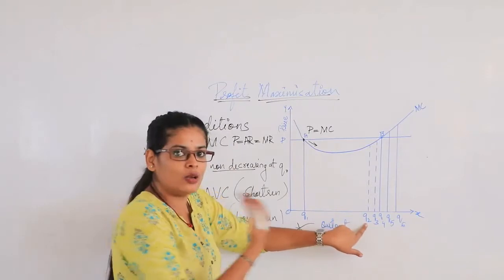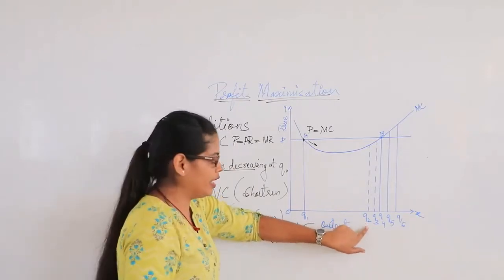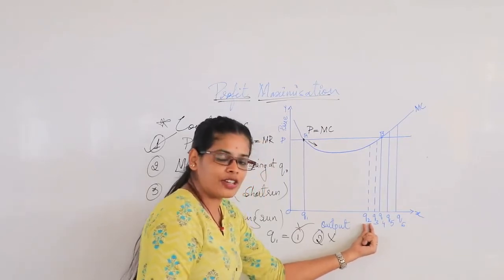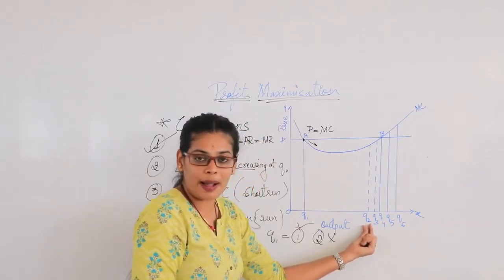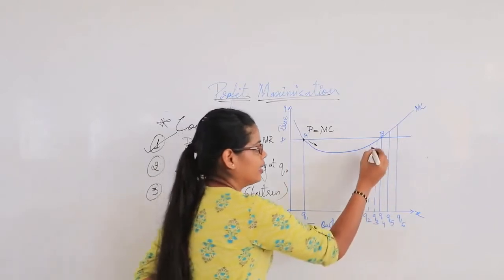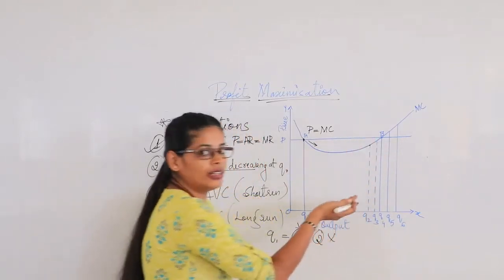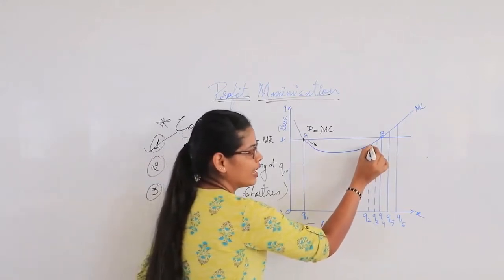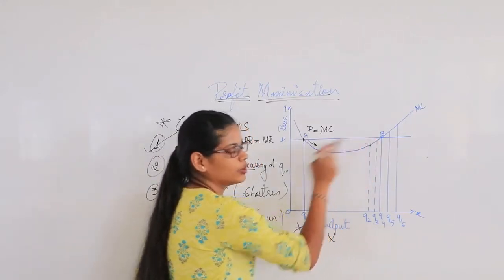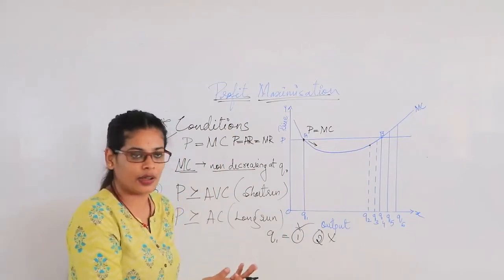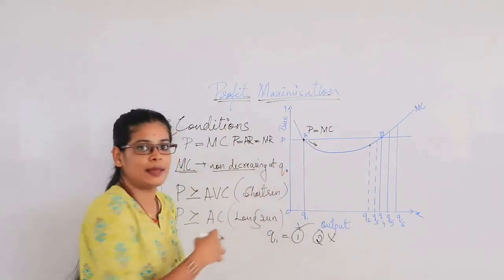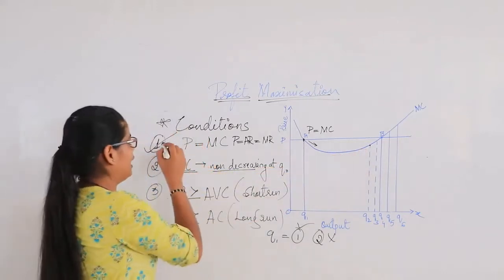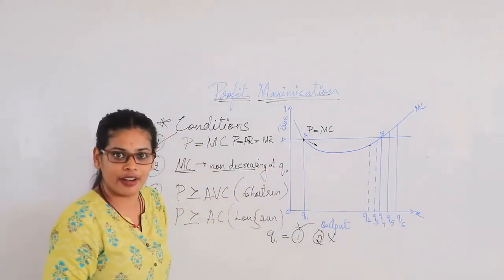If you look at the Q2 point, and consider this as the output level at which our firm wants to make maximum profit, the first condition is not satisfied. Why? Marginal cost is not equal to the price. Okay, so this P represents the price. So it fails in the first condition itself, right?